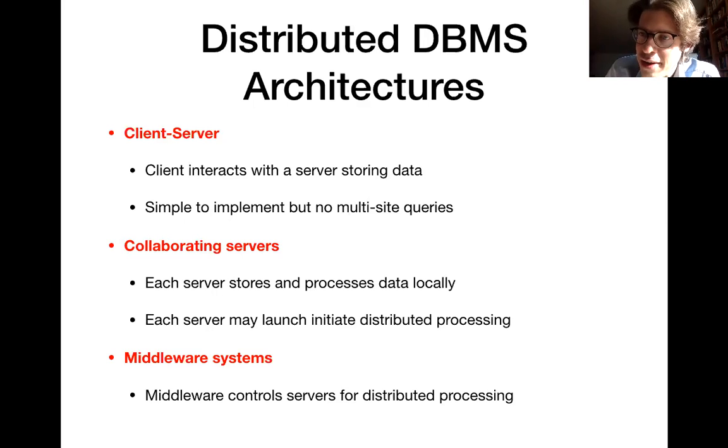But if the need arises, like if there's a query which can only be answered by considering data from multiple servers, then any of those servers can launch a distributed process which essentially coordinates the execution of a query across multiple sites together with other servers.